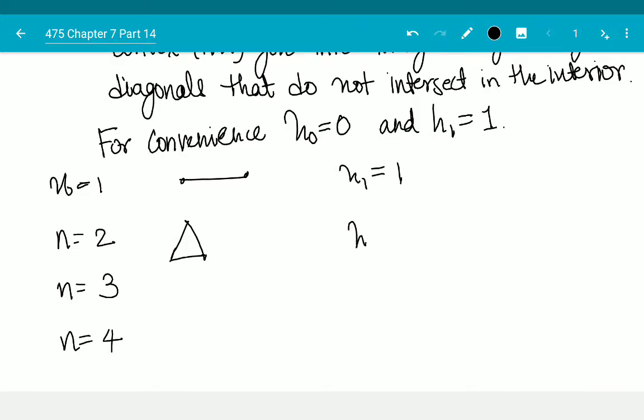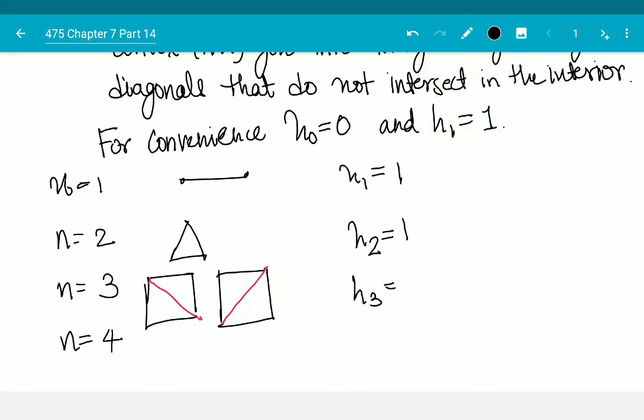I don't have a way of dividing it into triangles because it itself is a triangle, so h(2) is also 1. For n equal to 3, I have a quadrilateral, and I have 2 ways of doing it, I have this and I have this. So h(3) is equal to 2.